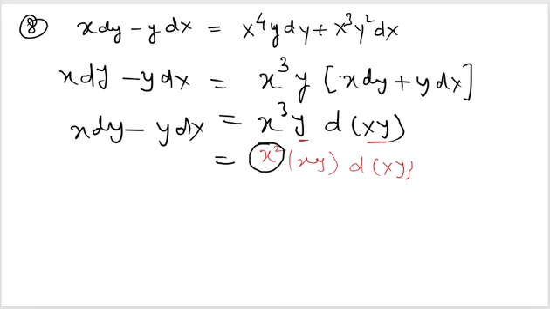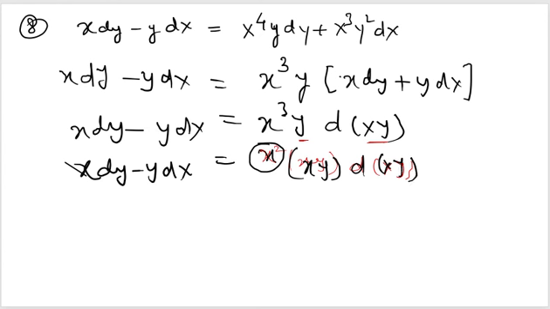So I got a hint. What hint did I get? I got a hint of the integrating factor. Here the integrating factor is for x dy minus y dx. Here it was xy d of xy. So yes, I am going to decide the integrating factor.